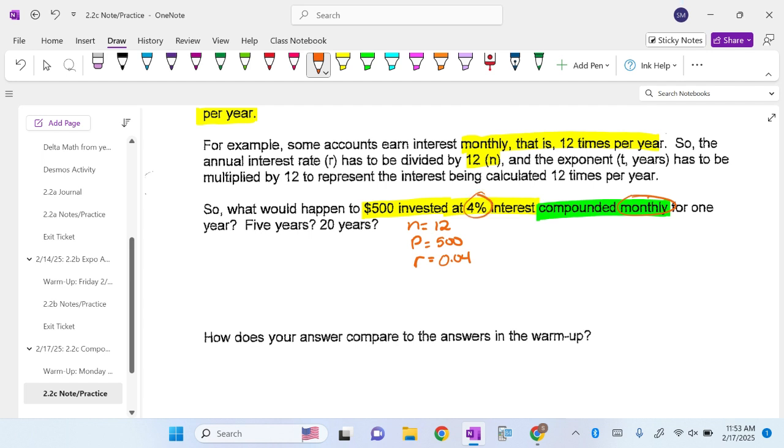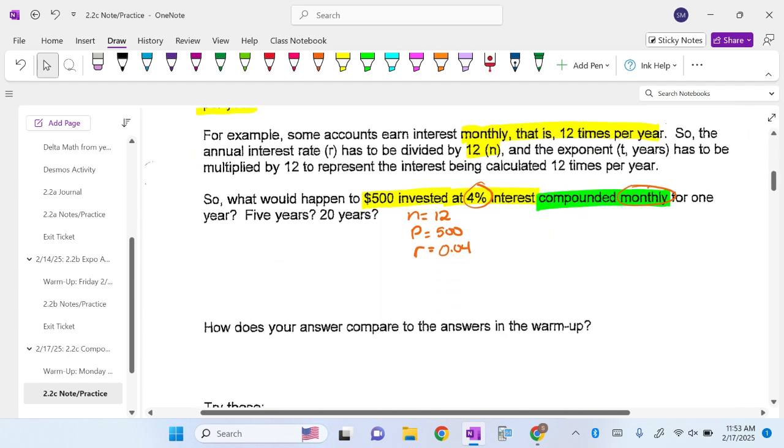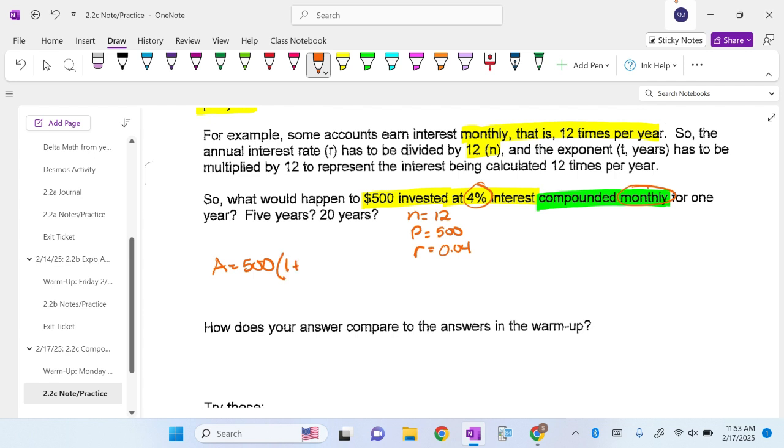So I'm going to plug it into the highlighted formula up top, the green highlighted formula. So I have A is equal to 500 times 1 plus 0.04 divided by 12, and I'll put parentheses around that, all raised to the t power. Oh, I almost forgot. This is 12t. It's n times t.